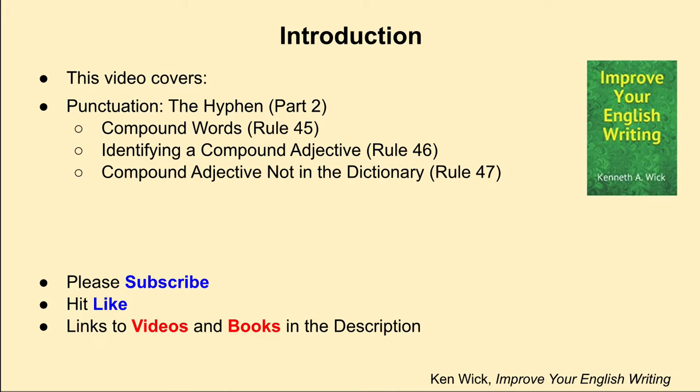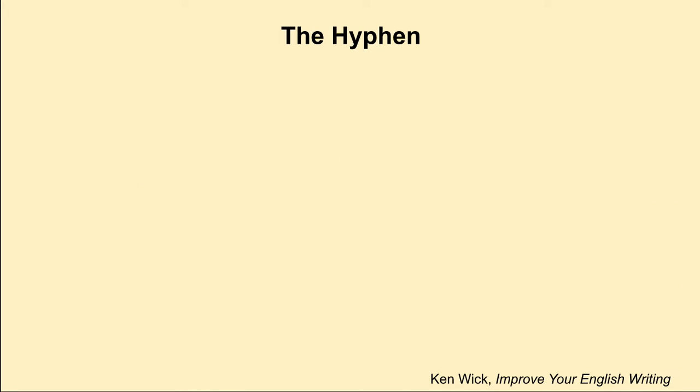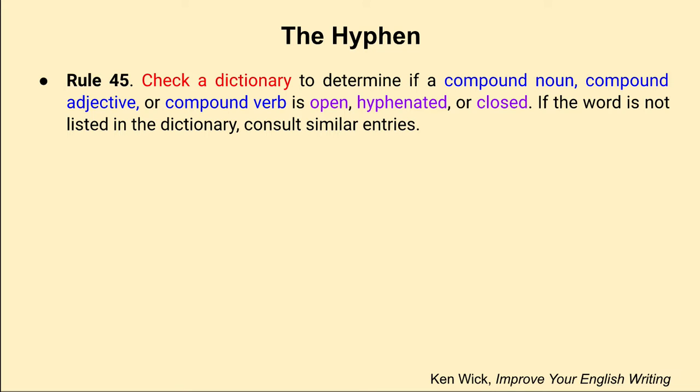So let's start with rule number 45 in compound words. I say check a dictionary to determine if a compound noun, compound adjective, or compound verb is open, hyphenated, or closed. If the word is not in the dictionary, consult similar entries.